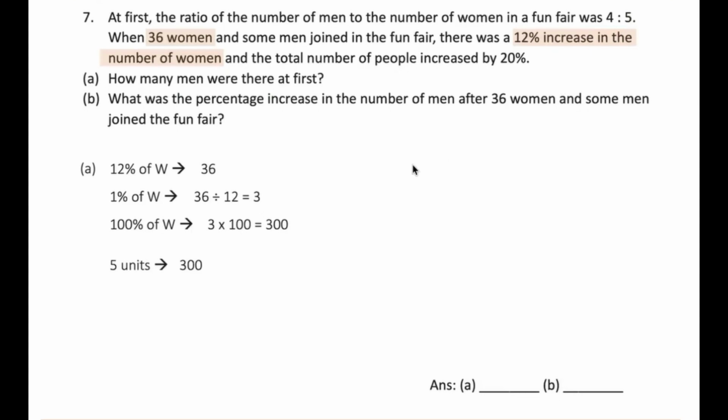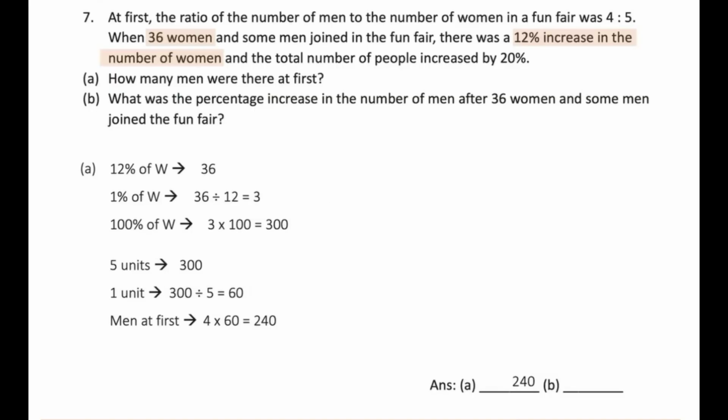So we can find what is 1 unit. And with that, we can find how many men at first. 4 units, so times 4. So 240 is the number of men at first. 300 is the number of women at first. And we can answer part A. How many men were there at first? 240.